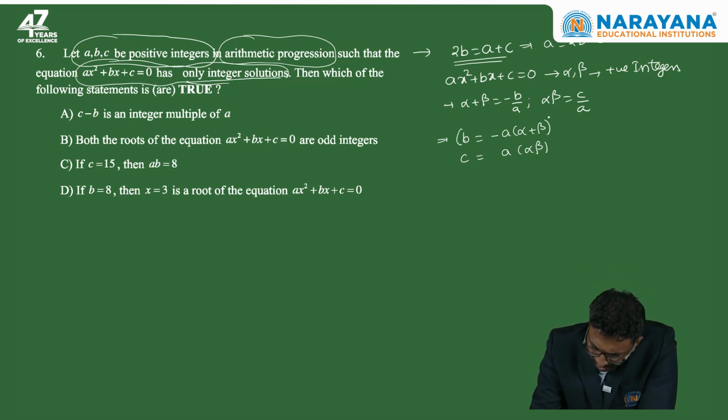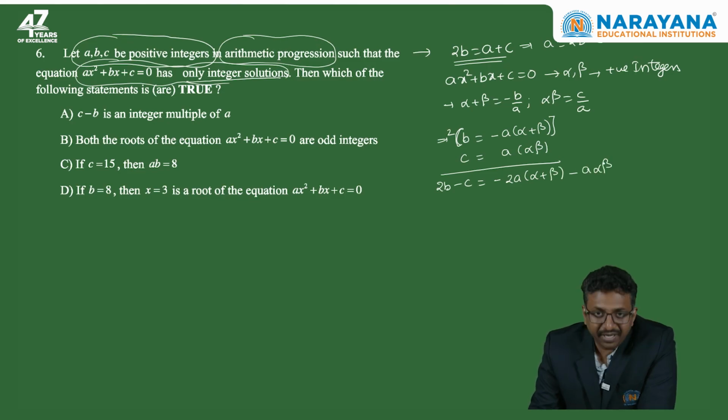So I am going to multiply this equation with 2 and subtract. So 2b minus c is equal to minus 2a times alpha plus beta minus a alpha beta. So 2b minus c is equal to this. So this side is a, right? This side is a.